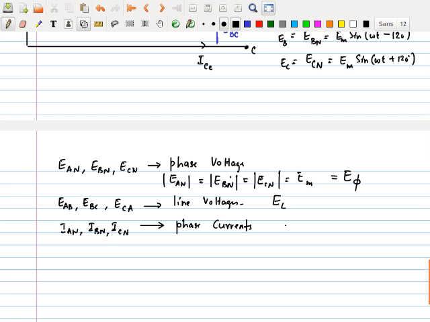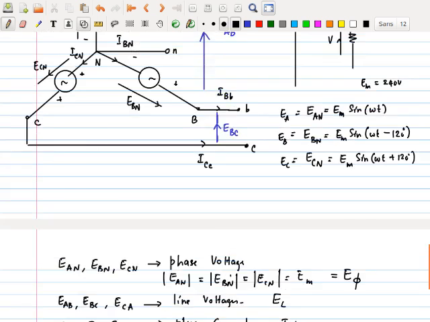Then this is called the phase current, so we call them I phi in general. Here you have I A small a, I B small b, and I C small c. These are called line currents in the circuit.